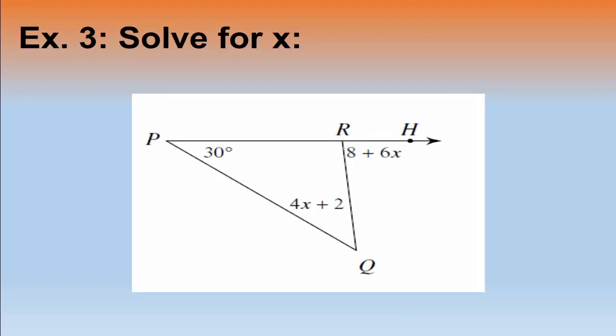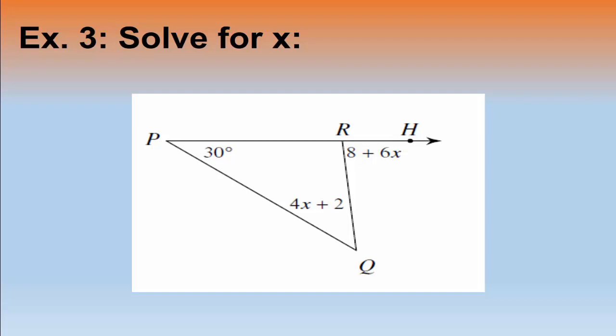Now we apply that to our expressions. And since we're applying the exact same concept, we realize that angle P, 30 degrees, is an interior angle, and angle Q, 4x plus 2, is my other remote interior angle.